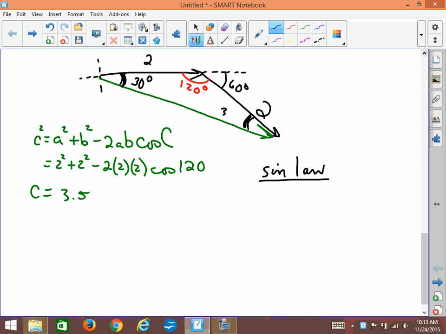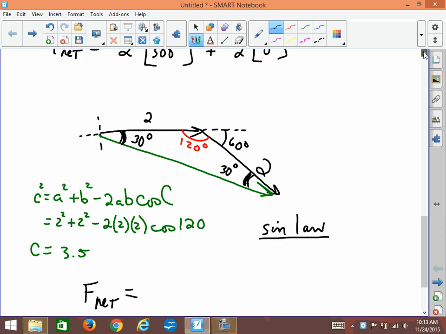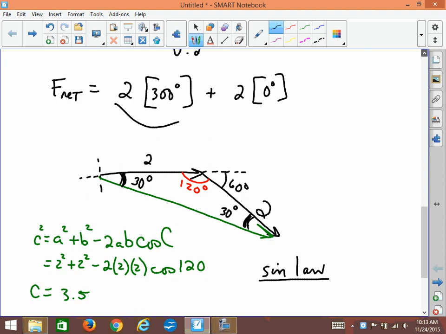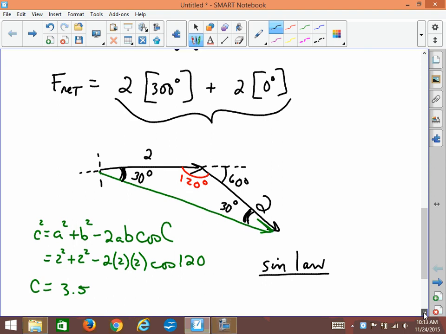So we really don't need to do the sine law. You could do it and work it out, but we can do it simpler by using the isosceles triangle, which means that the answer is the net force. And if we continue on from what we had written up here, remember all the triangle stuff was to do this addition, so we just replace this.